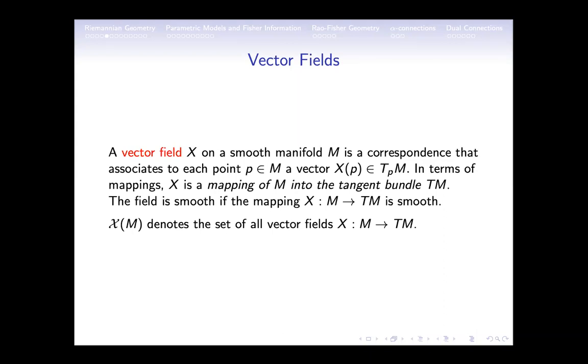If you have a curve in a Riemannian manifold and you take its derivative, suppose this is gamma(t), then at this point it maps to a tangent vector at this point.